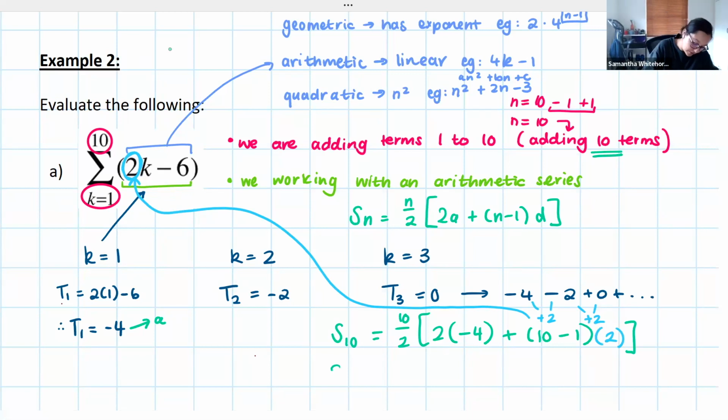So I'll give you a second or two. Tell me what the sum of these 10 terms is. I've substituted it into the formula for you, so you just need to put it on your calculator.